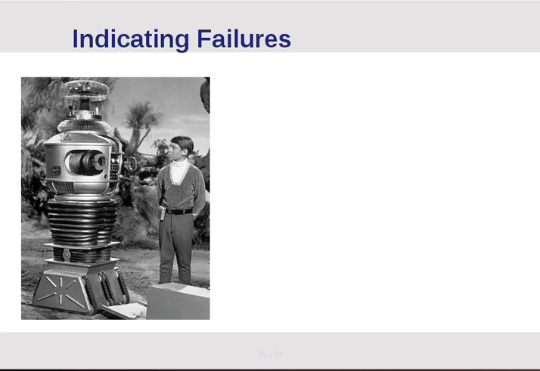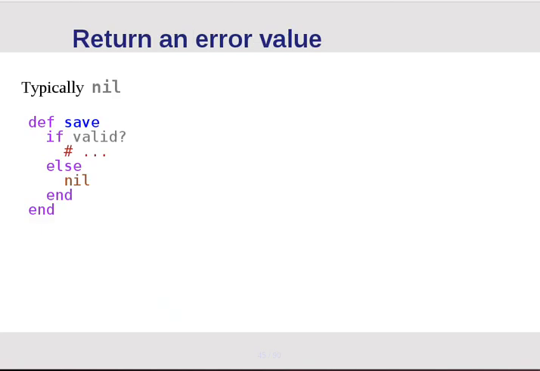Now when we handle an exception, we probably want to indicate the failure in some way. There are a lot of different ways that we could do this. We could simply return an error value. In Ruby, the most common error value is nil.